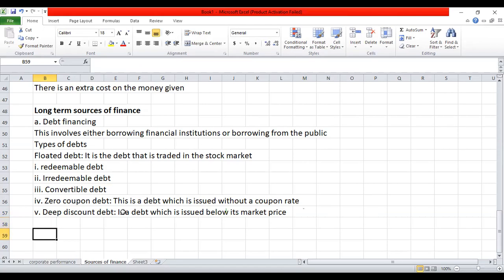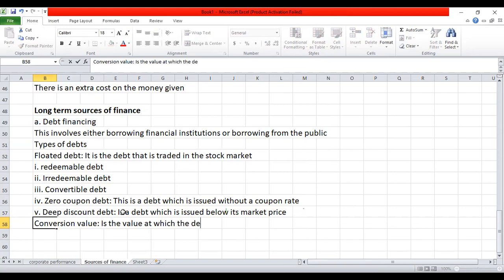Another thing before we look at, I think we also talked about it, is the conversion value of the debt. You can say that is the value at which the debt is converted into shares.